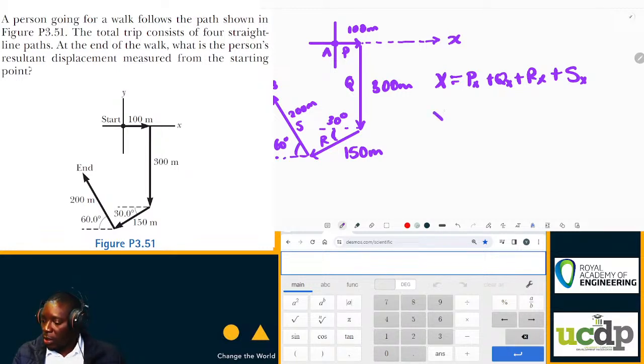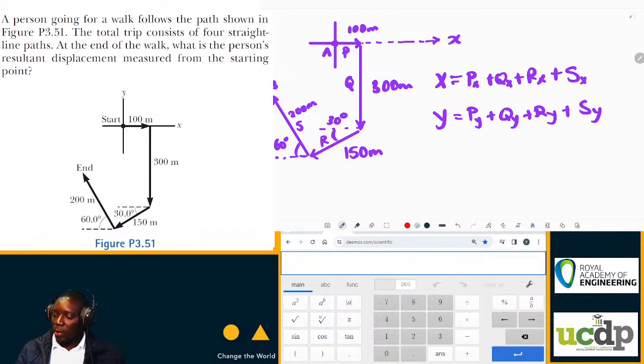And the y component, again, py plus qy plus ry plus sy. So now the x components add together to give the resultant of the x, and the y components add together to give the resultant for the y.